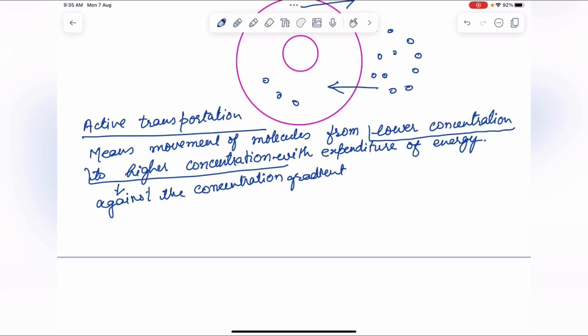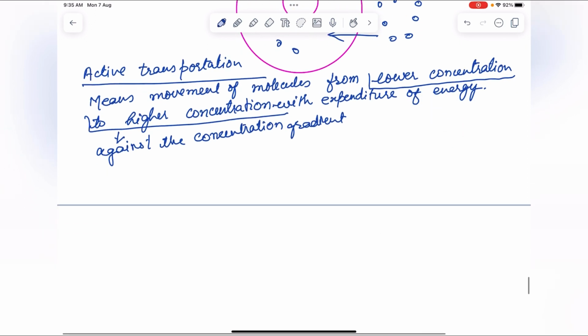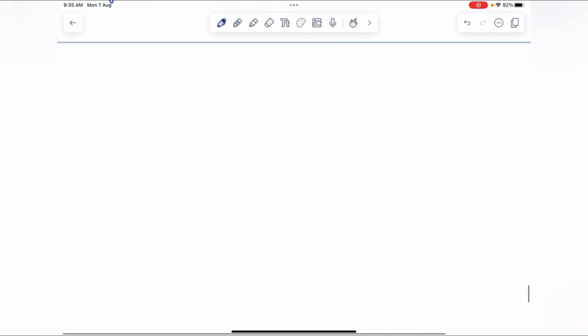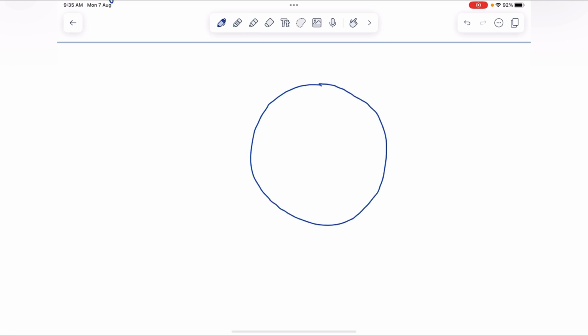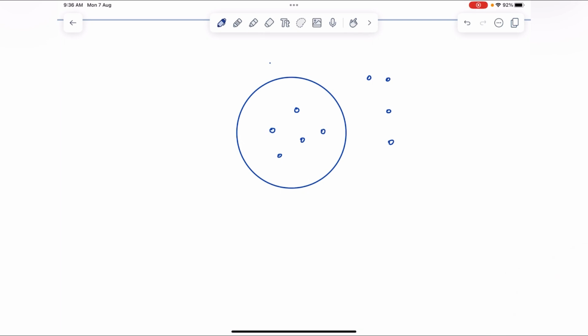What do we mean by active transportation? If there are more molecules inside the cell and fewer outside the cell, how will the movement take place?